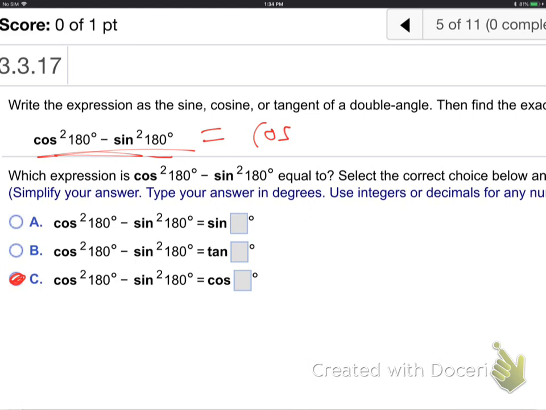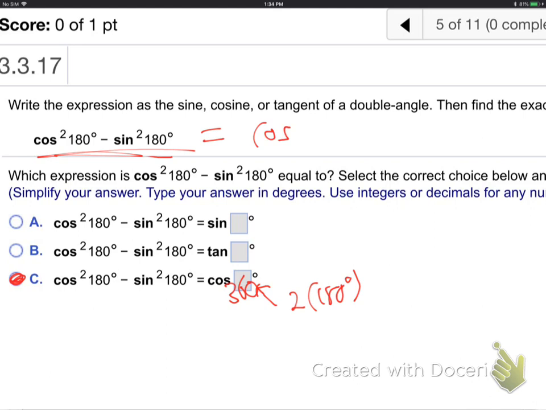Single cosine of what angle now? There's 180 here, so this will be 2 times 180, yes, 360 degrees. A single cosine of double the angle. That's what that pattern says. And that's it. We're done with that one.